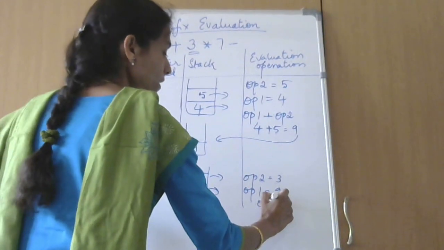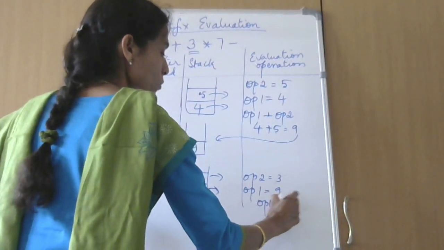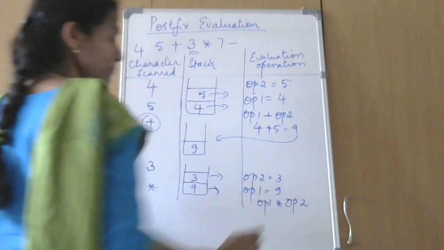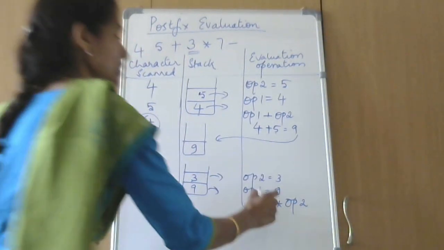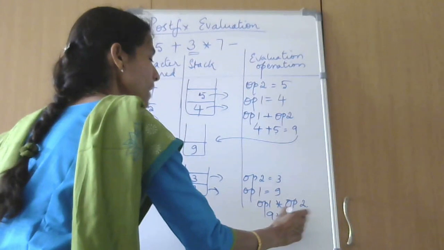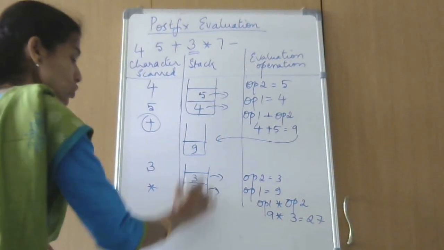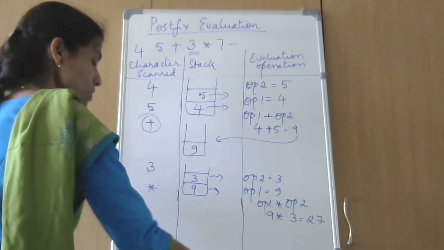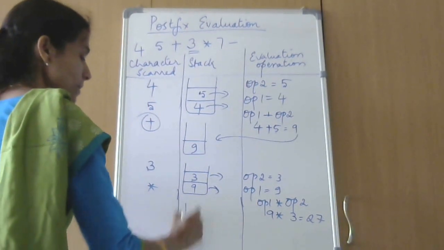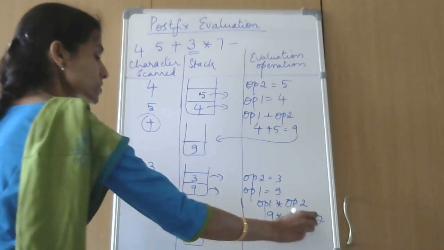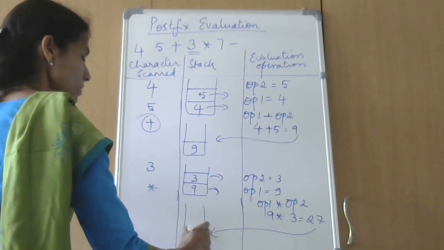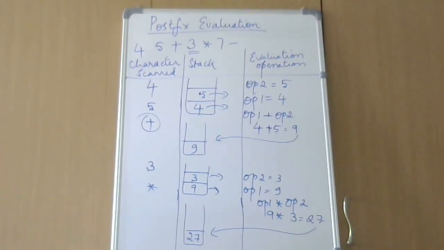And then I perform the operation operand 1 star operand 2. That is nothing but 9 star 3, which is going to be 27. Now since we have popped out these two elements, my stack is empty. I push this result onto the stack. So in the stack right now I have 27.